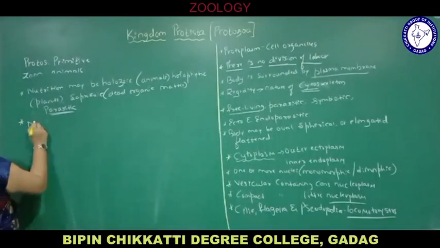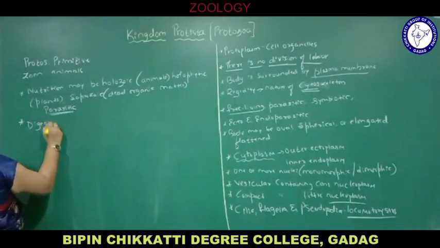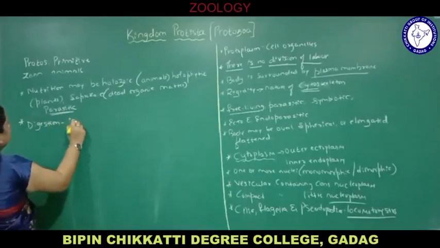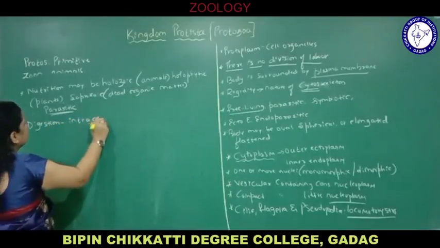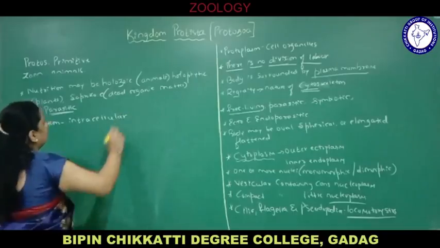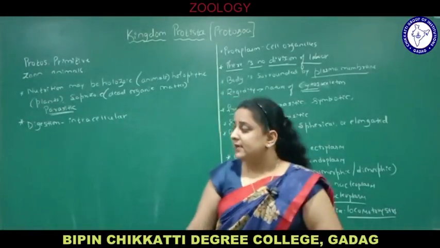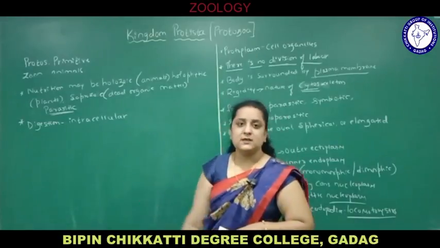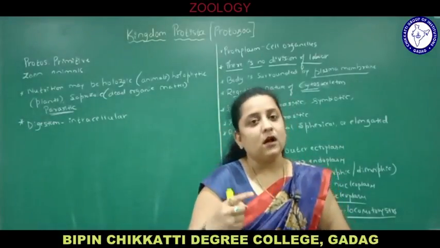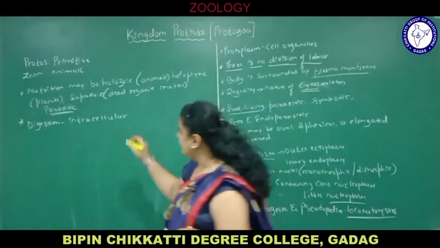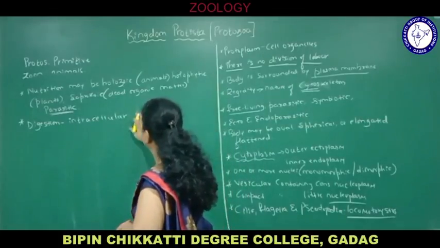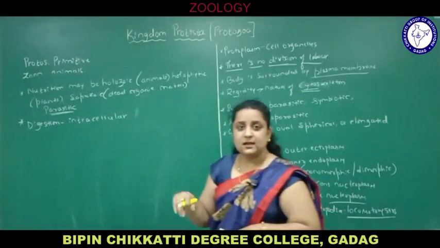Digestion is intracellular. Now, what do you mean by intracellular and extracellular digestion? Intracellular means digestion takes place inside the cell only, and extracellular means outside the cell but inside the body.